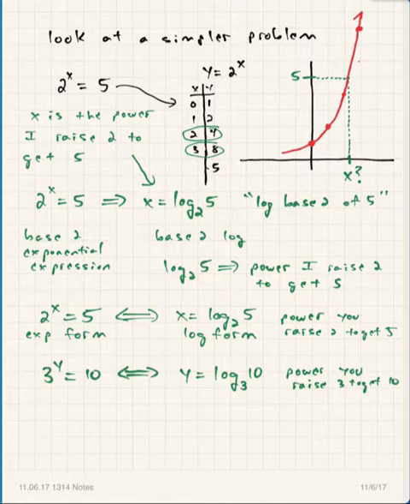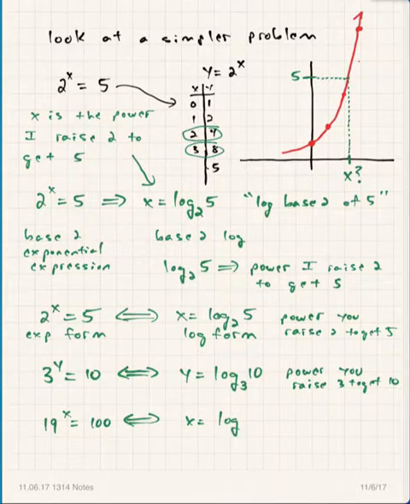All right, let's keep on going like this then. So 19 to the x equals 100 right here. That's the exponential form. The logarithm form would be x equals logarithm base 19 of 100.